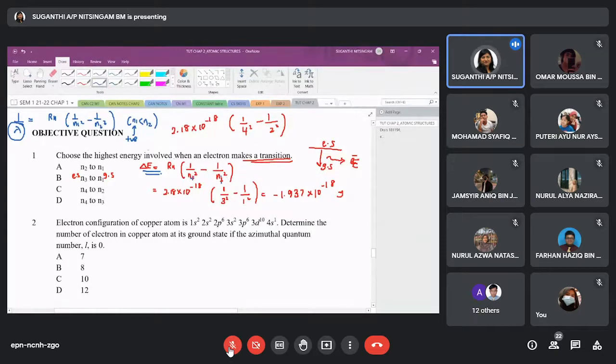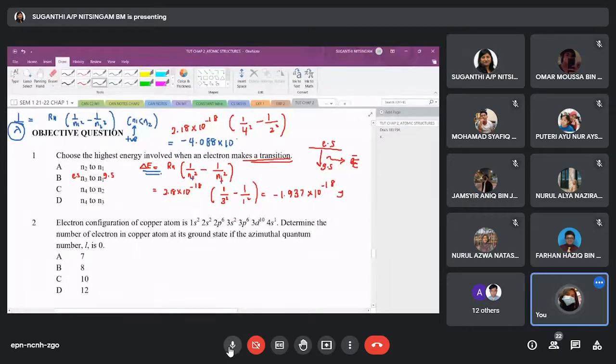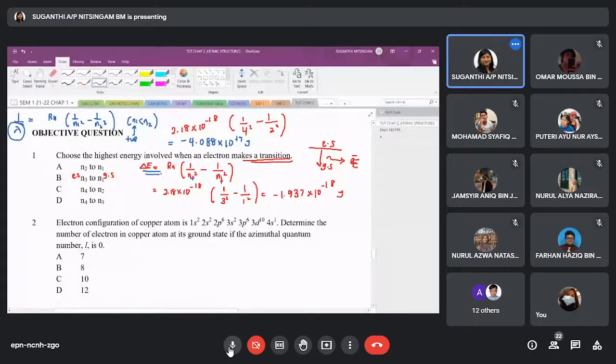What's your answer for this? Eight times 10 to the negative 17. Is this negative 18? Can you all calculate that for me, please?